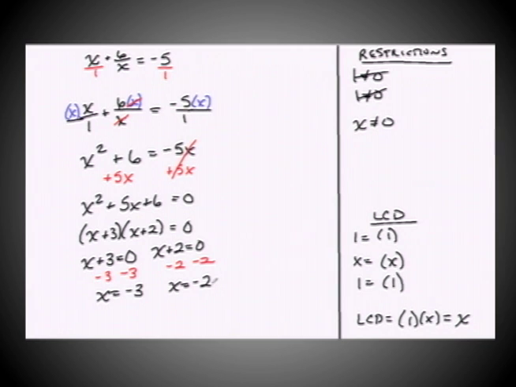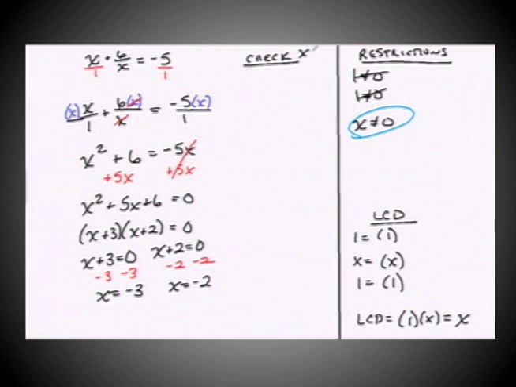The first thing I want to do is check them against my restricted values for the variable. Well, neither of those values are 0, so at this point they're legal, and we just need to check them in the original equation to make sure that they give a true statement.